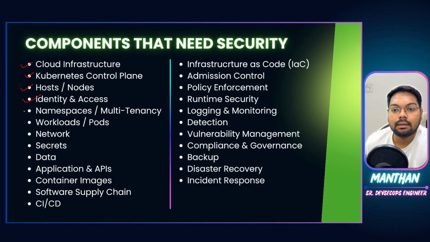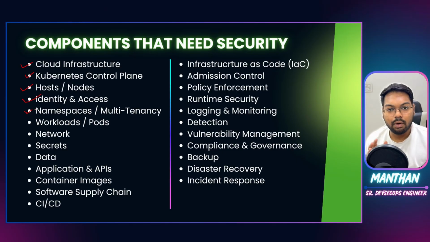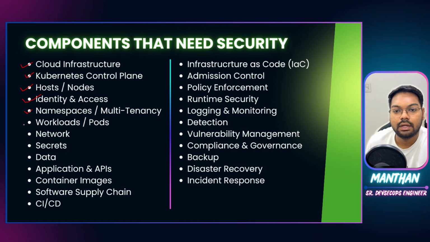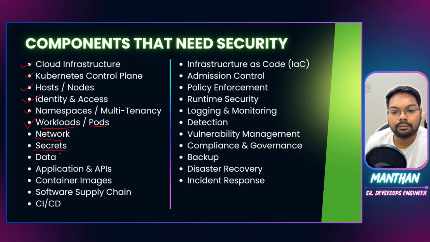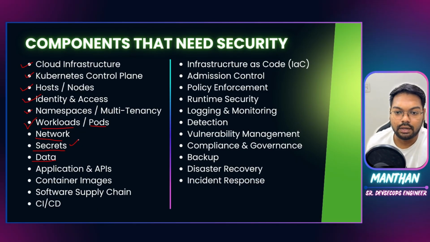Then there is namespace, the logical boundary between one application and another, and the multi-tenancy system that Kubernetes helps us with. Then the workloads or the pods that run in the cluster on the worker nodes. Then the network, the secrets, the data. There are secrets that we use to have access to something else, some sensitive data or some other application.